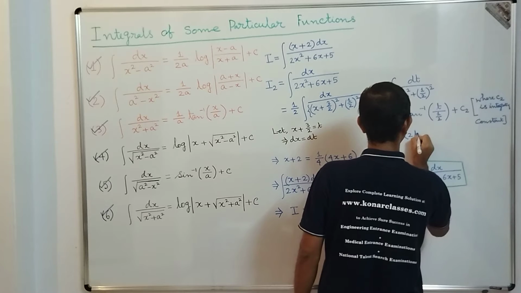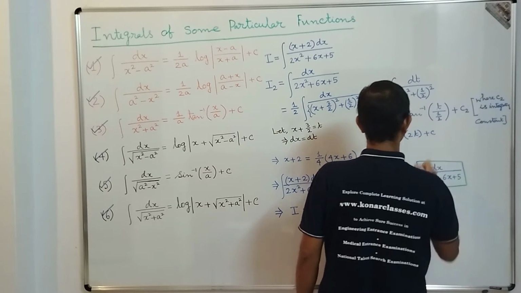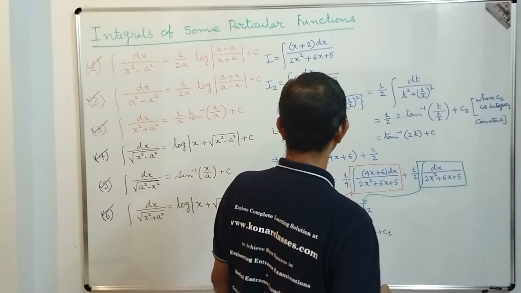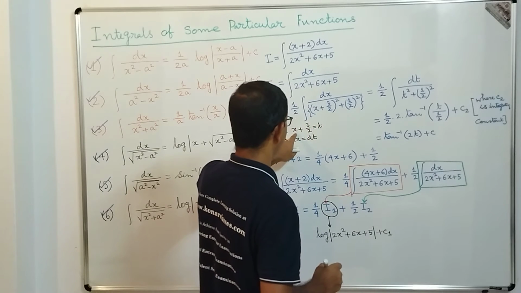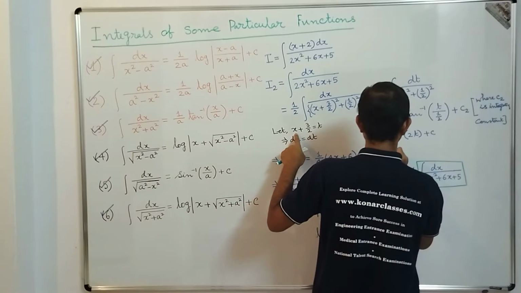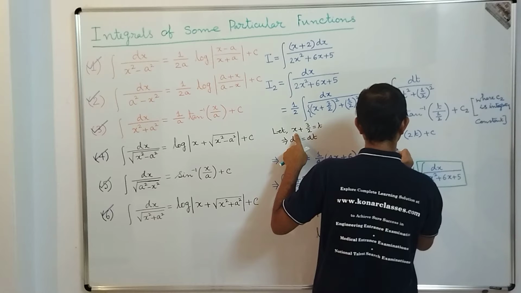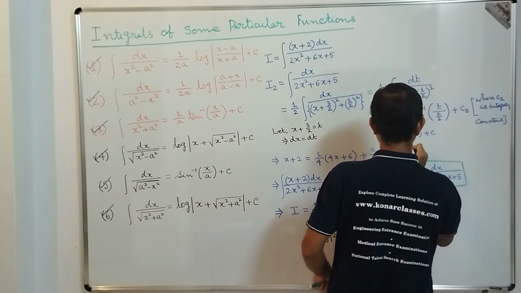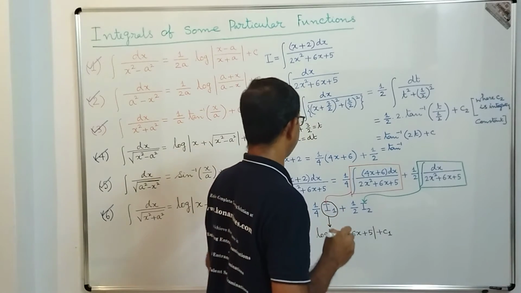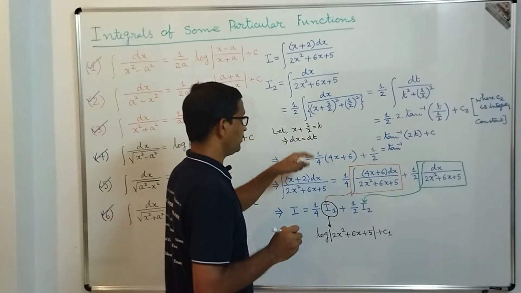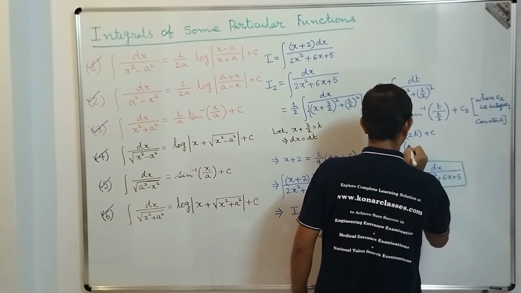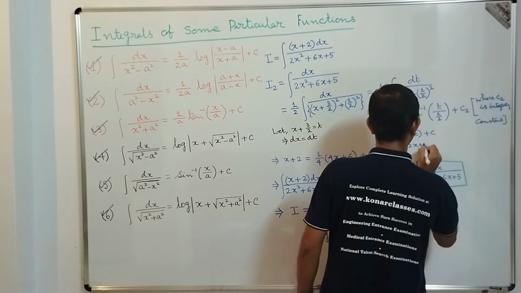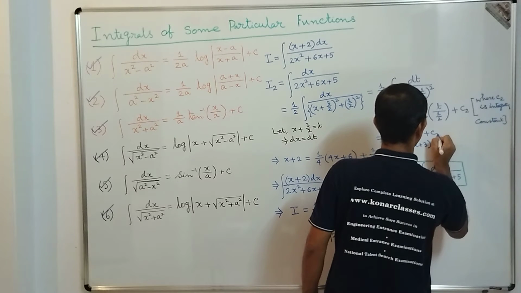2t plus c. Now what is the value of t? T is equal to x plus 3 by 2. So we can write it here, that is equal to tan inverse of 2x plus 3. So if t is equal to x plus 3 by 2, so 2t should be equal to 2x plus 3. So tan inverse of 2x plus 3, so you can write plus c2.